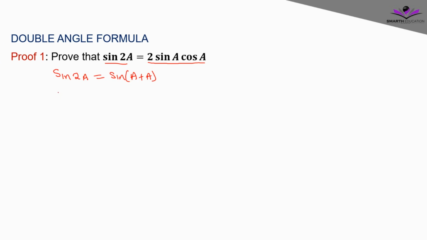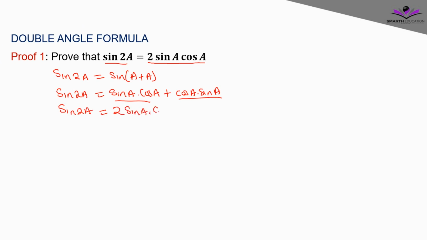And then from compound angle formulae, we know that sine a plus a is sine a times cos a, plus cos a times sine a, right? And then sine a times cos a is just the same as cos a times sine a. So sine 2a is equal to 2 times sine a cos a. Done. That's the first one.